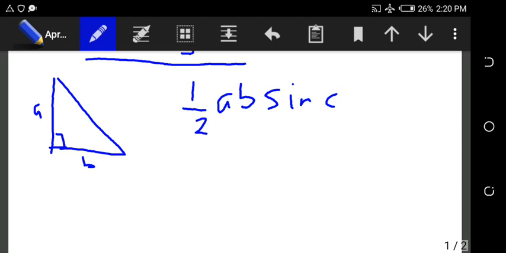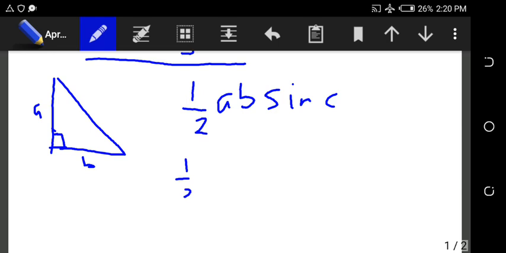Now, in the case of right angled triangles, notice what happens. Considering this triangle that we have here, remember that the value of the right angle at this point is 90 degrees. So if we substitute 90 for C in this formula, what do we have?